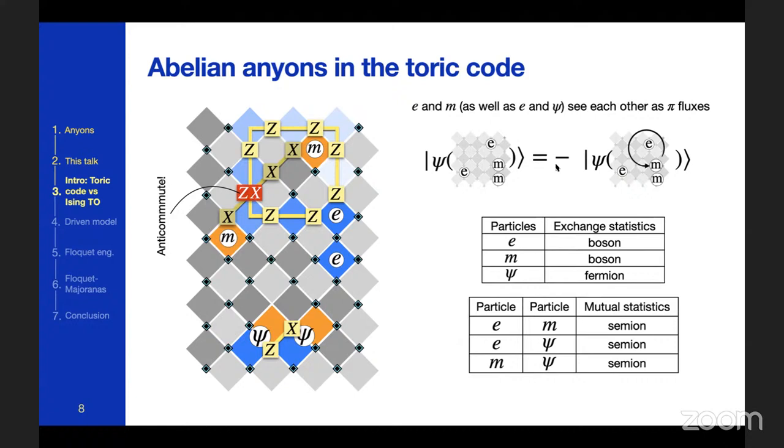We can interpret this by saying that the E particles see the M particles as pi fluxes, or the other way around. The same is true for the psi. When a fermion encircles one of the bosons, it will acquire a pi phase. From now on, whenever I say fermion, I will refer to psi, and whenever I say boson, I will refer to the E particle.